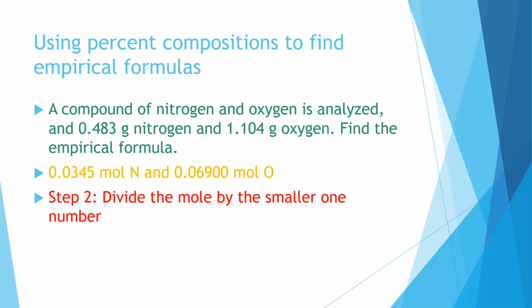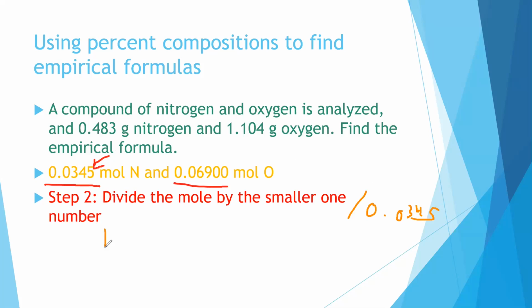So we divide the moles by the smaller number. We look at these 2 numbers, 0.0345 and 0.0690. Using your higher math skills, you realize the 0.0345 is the smaller number. So we divide both of those numbers by 0.0345.